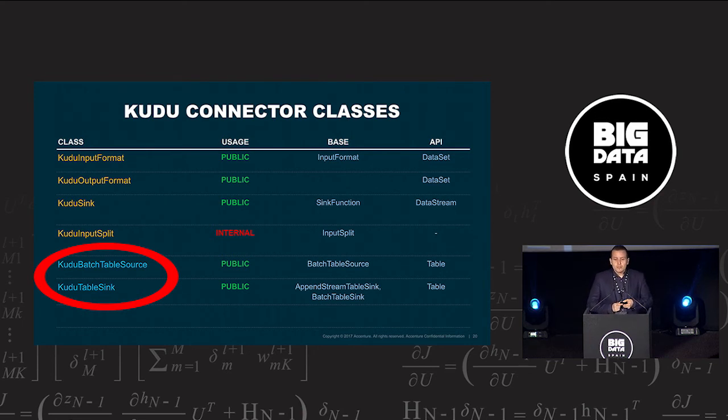For those that don't know the Flink Table API, let's say that this is just a Scala API that allows running SQL statements over our data sets and data streams. And well, it is based on Apache Calcite. So using these two classes, we can apply SQL statements over our data streams. We will see an example later on.